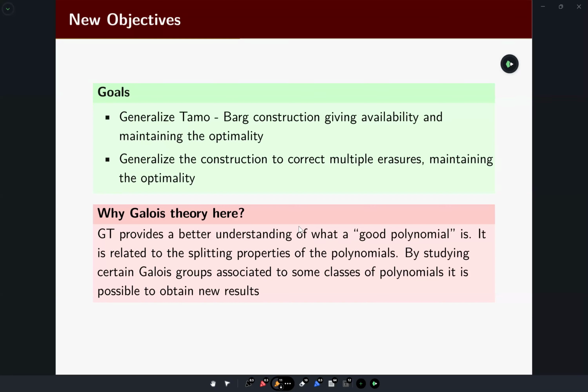The reason why Galois theory helps us here is because it can relate the property of being a good polynomial to the property of the splitting field of the polynomial. One way to investigate a new property is to try to understand what it relates to and use deep mathematical tools to investigate even better.